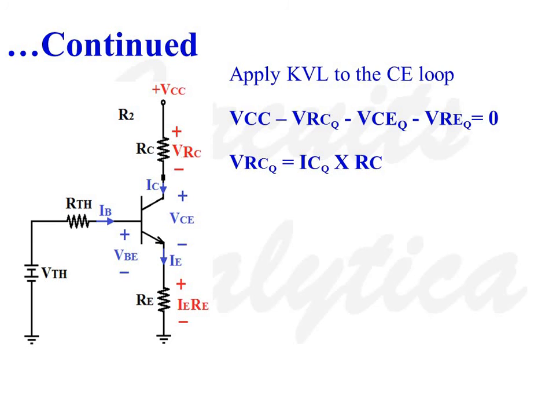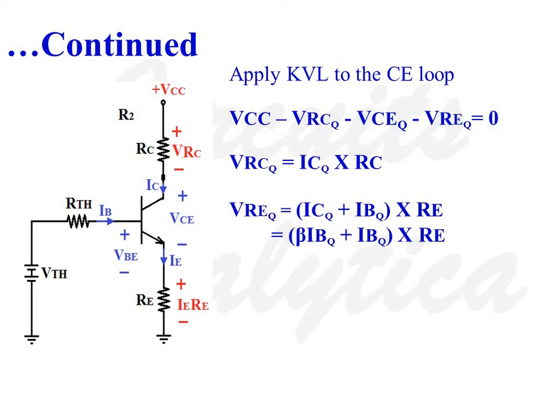We can write VRCQ is equal to ICQ into RC. VREQ is equal to ICQ plus IBQ, into RE, that is equal to beta IBQ plus IBQ into RE. So VREQ is equal to 1 plus beta, into IBQ into RE.